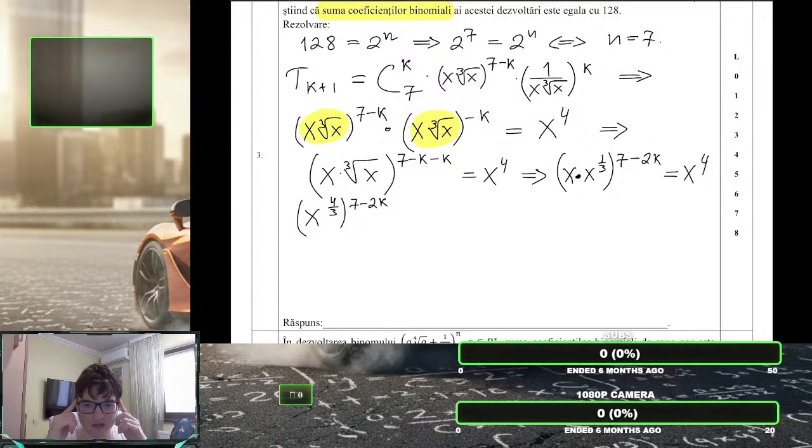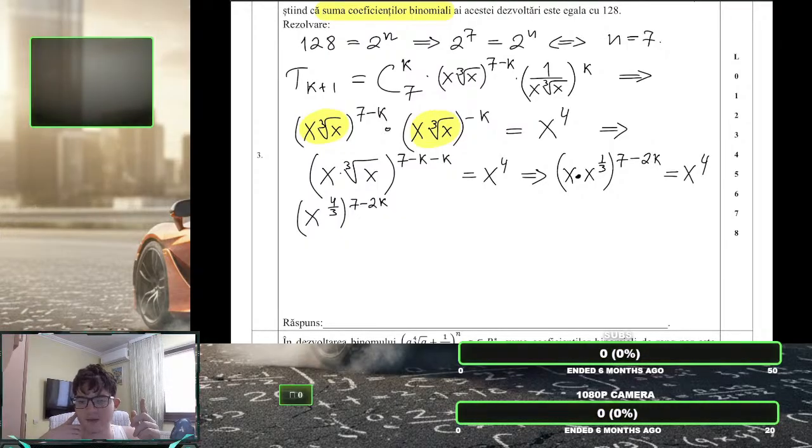Okay, so it's actually x to the power of 2 times 1 divided by 3. That's 2 divided by 3. But why is 4 divided by 3 there? Is it like x to the power of 2 plus 1 divided by 3?